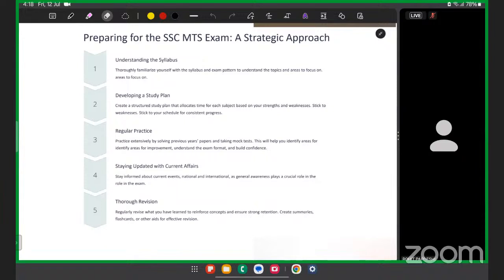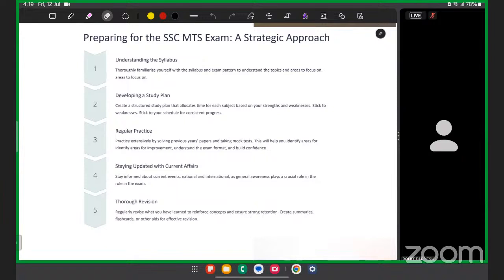So all the candidates who will be applying or preparing for both MTS and CGL, I would advise you that you prepare CGL very well. You prepare CGL in such a way that no stone is left unturned. And once you prepare for CGL very wholeheartedly, MTS will be very easy. You'll sail through without any hesitation.